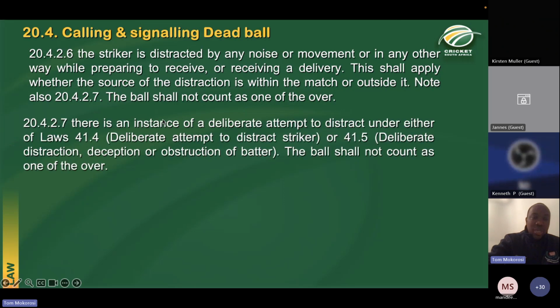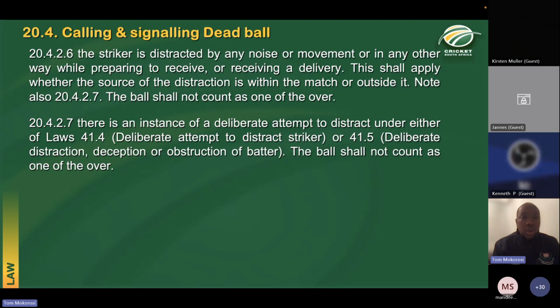A couple more incidents when we need to call and signal dead ball. When the striker is distracted by any noise or movement or in any other way while preparing to receive or receiving a delivery. And again, the ball shall not count as one of the over.